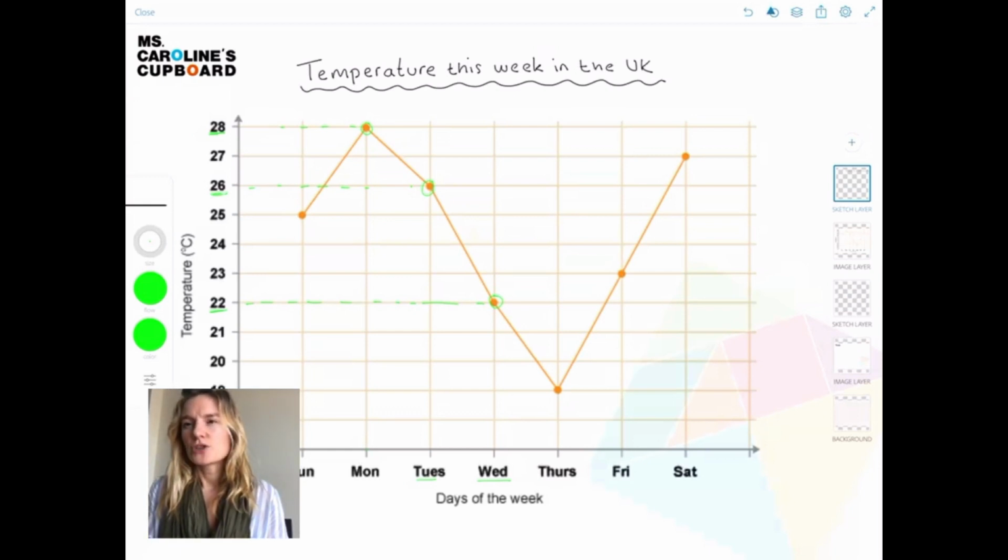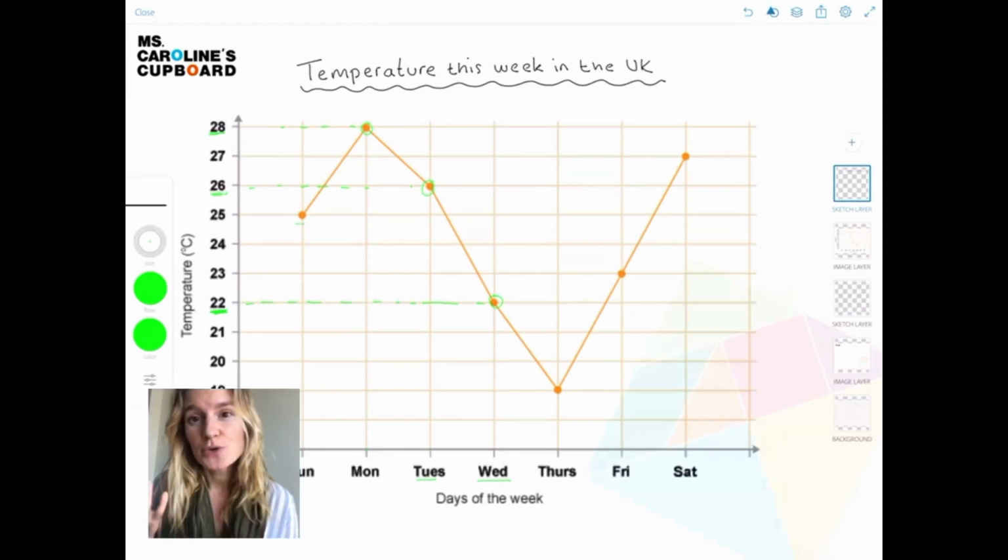How about, for how many days was it above 22 degrees? So look for 22 and then see how many points are above that. Friday's above that, Saturday's above that, Tuesday, Monday and Sunday. So 1, 2, 3, 4, 5 days it was above 22 degrees.